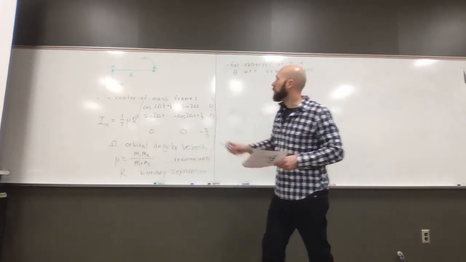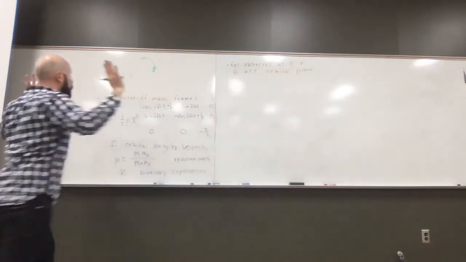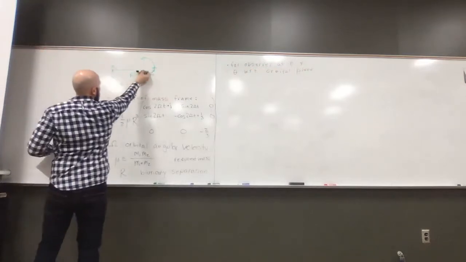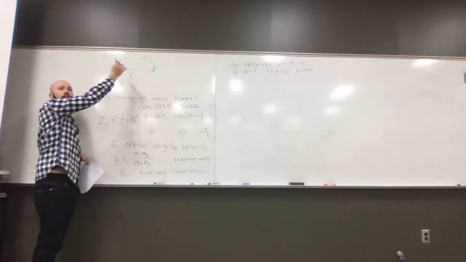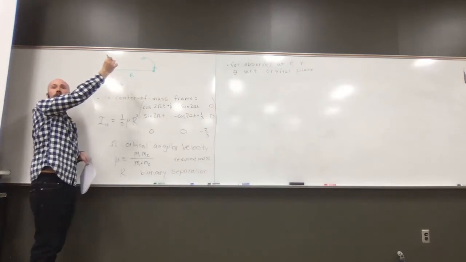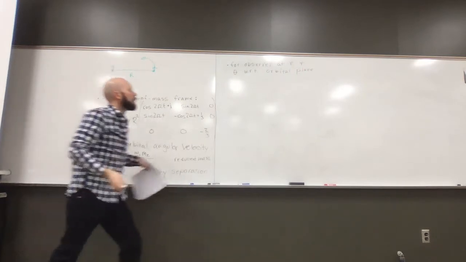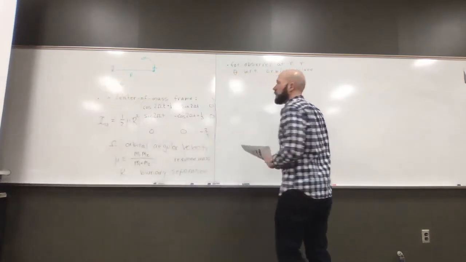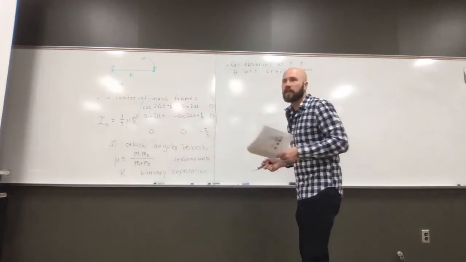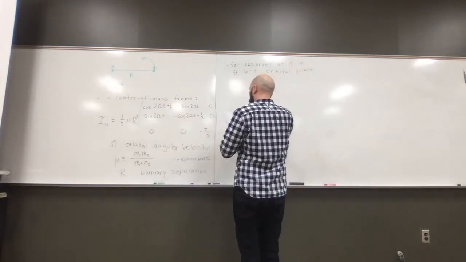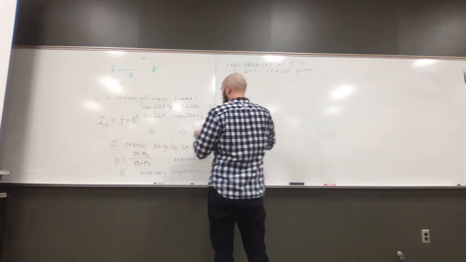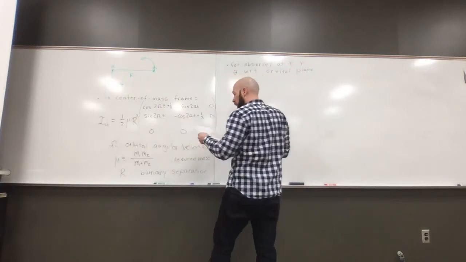If we're looking at the board as the orbital plane, theta is this angle. So you all are at theta equals pi over 2. Spoiler alert, you're not going to see any gravitational waves. Sorry.